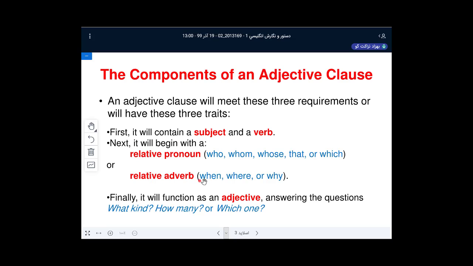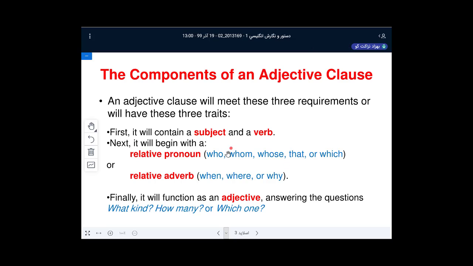These adverbs are when, where, and why. They show the time, place, and reason, but they come immediately after the noun and post-modify the noun, and that is why they function as an adjective rather than an adverb. So these are the connectors, and finally it will function as an adjective.